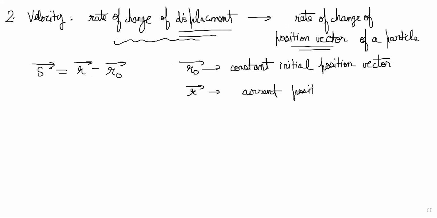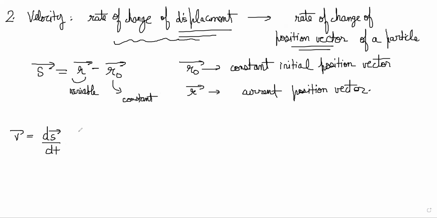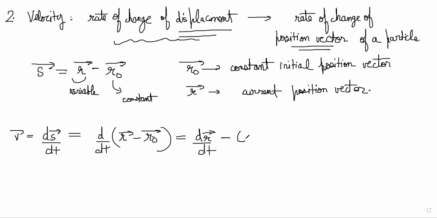Now, the current position vector obviously is changing because the particle is moving, so this is a variable, whereas the initial position is whatever it was in the beginning, so this is a constant. If we define velocity as the rate of change of the displacement vector, it is d by dt of (r minus r naught), where the derivative becomes dr by dt minus 0, because the initial position doesn't change with time, right? So the derivative of that will be 0.